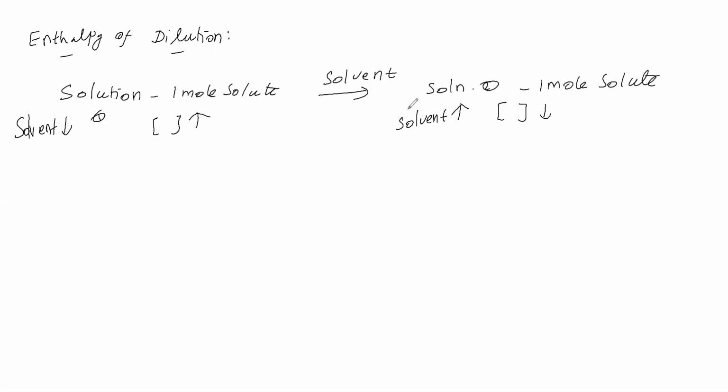If you go on adding water into the juice, what happens to the taste? It reduces, decreases. That means concentration decreases. Therefore, if you go on adding solvent, the concentration gets reduced. The number of moles of solute remains the same, but due to addition of solvent, concentration decreases. That is called dilution.